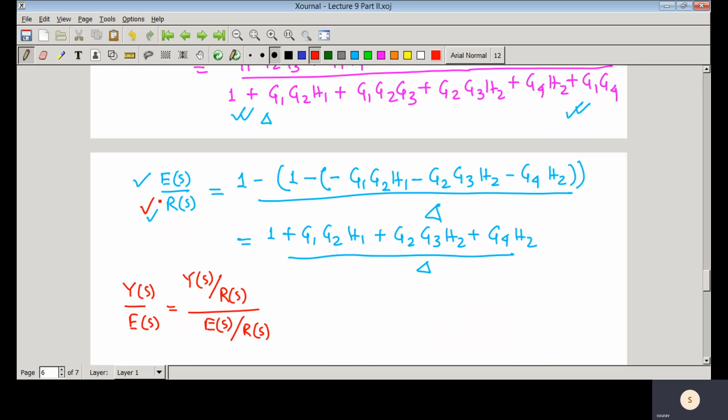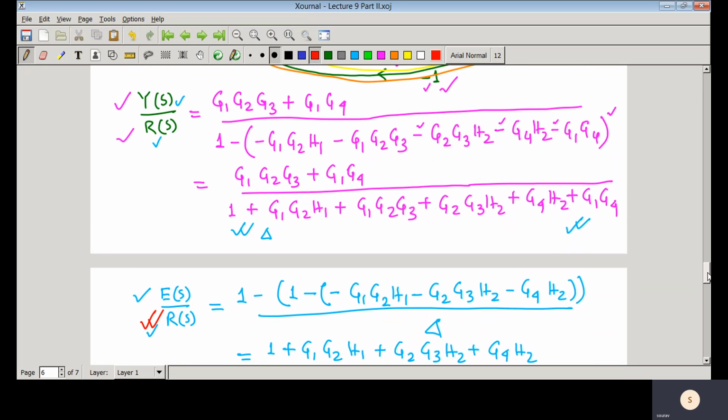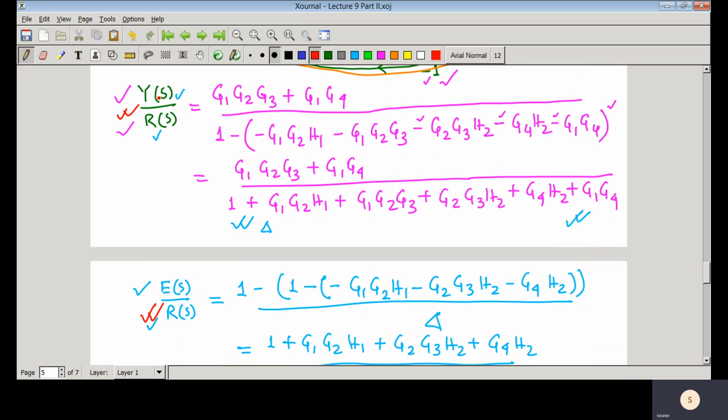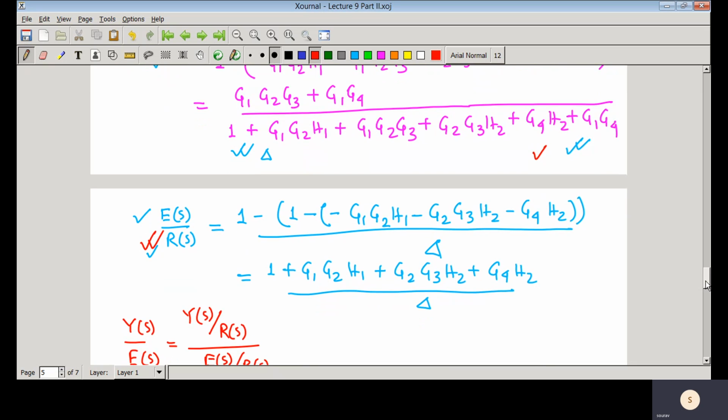So you have already found the transfer function from R(s) to E(s), and this one you already got.